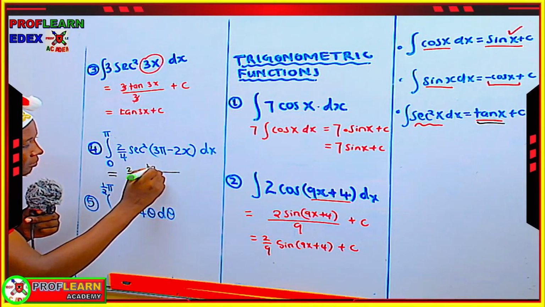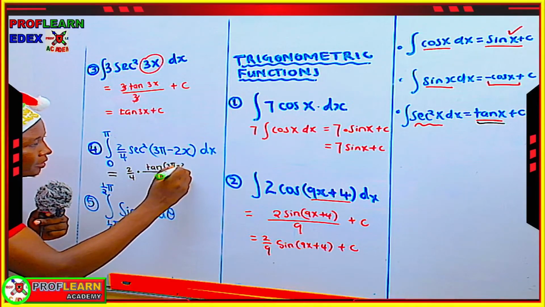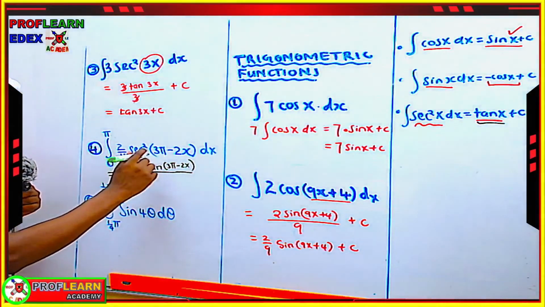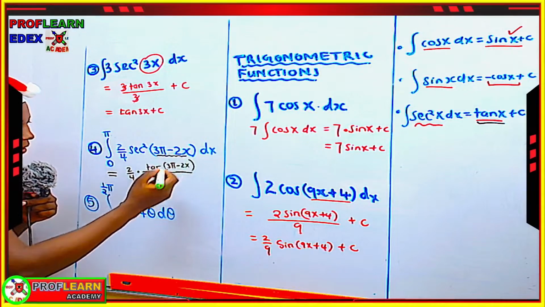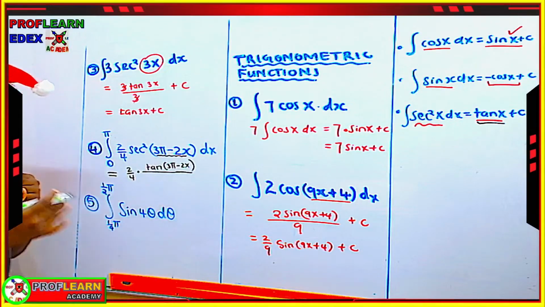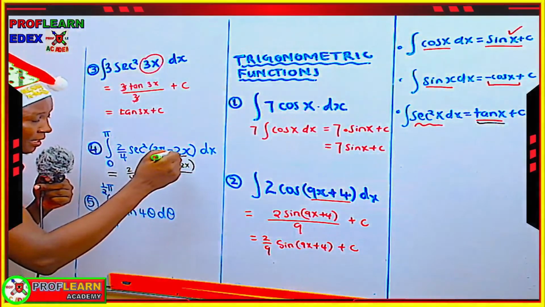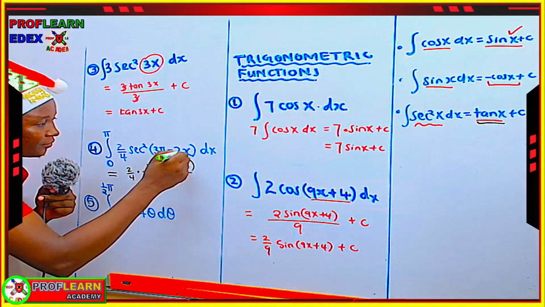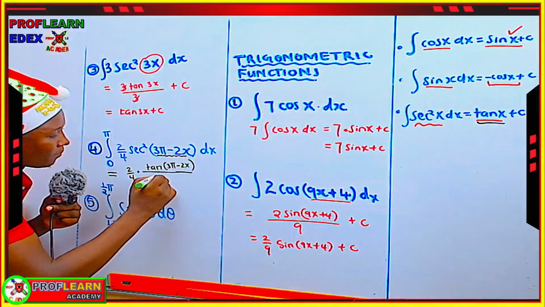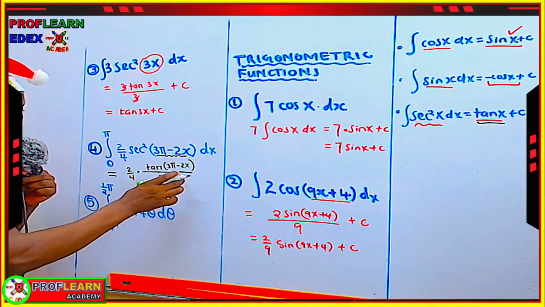Sec becomes tan. We shall write everything with 3 pi minus 2x the way it was. Then we shall divide by what we get when we differentiate this part. 3 pi is a constant. When you differentiate a constant, you get 0. Then differentiating negative 2x, you are going to get negative 2. Then we shall divide it down here, and then we shall say plus c.